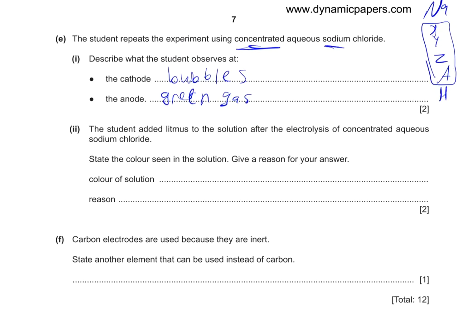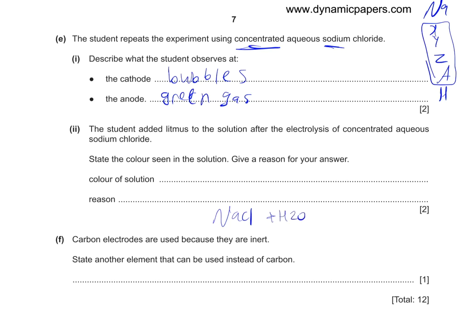Question E2. The student added litmus to the solution after the electrolysis of concentrated aqueous sodium chloride. State the colors seen in the solution. Give a reason for your answer. So as we said before, we had NaCl solution and H2O.